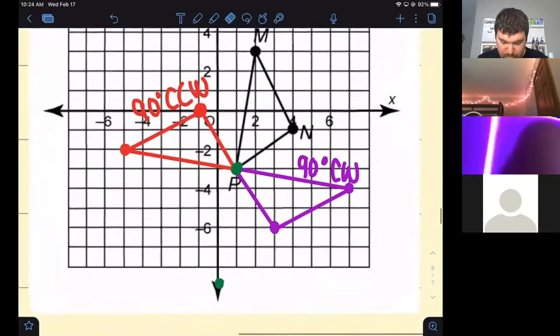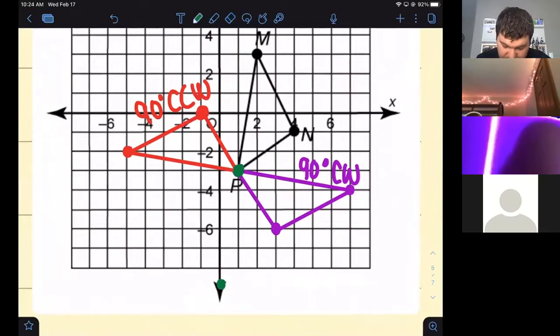Okay, so there's our new M prime. And then instead of going right 3, up 2, I'm going to go left 3, down 2. There's our new N prime.